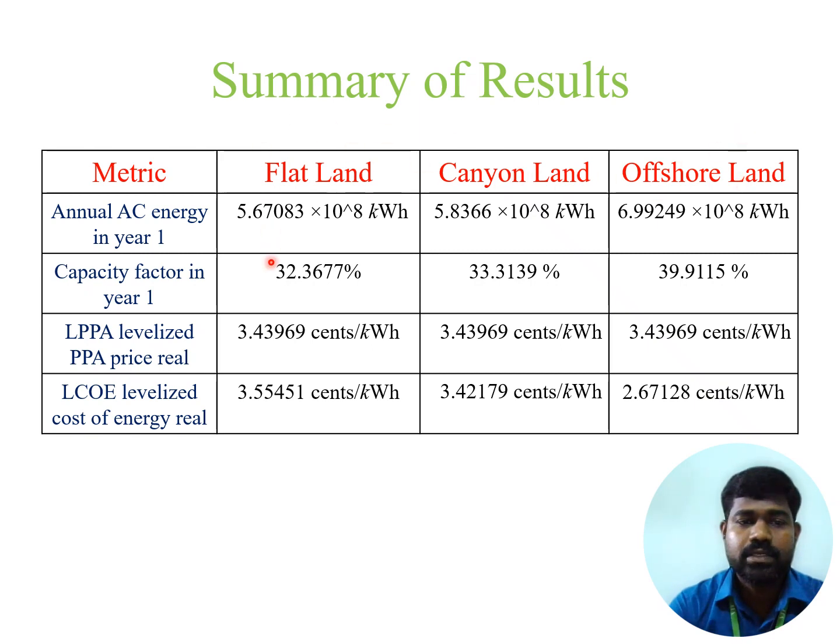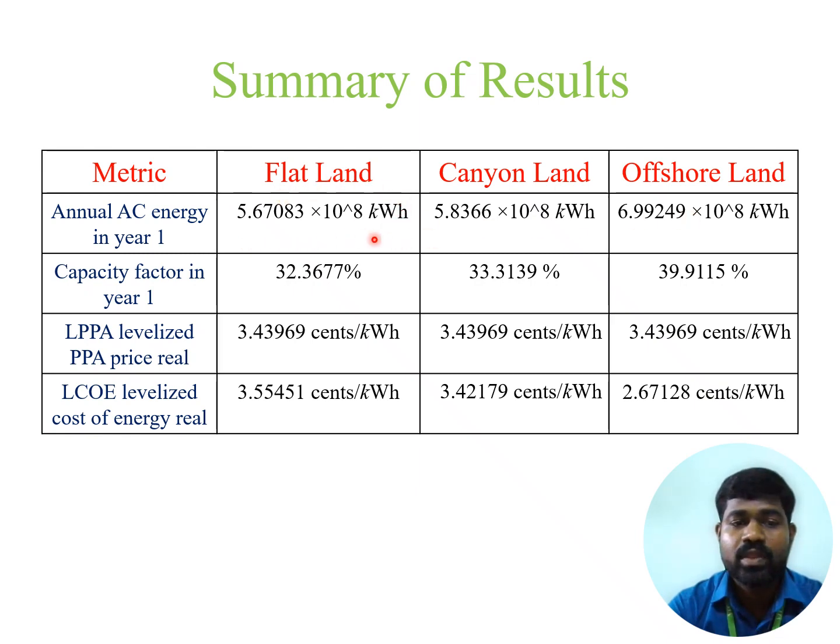The annual AC energy production for flat land is 5.67083 into 10 power 8 kilowatt hours. Hilly land annual AC energy production is 5.8366 into 10 power 8 kilowatt hours, and offshore land annual AC energy production is 6.99249 into 10 power 8 kilowatt hours. The maximum annual energy is produced for offshore land and the minimum annual AC energy production is for flat land.